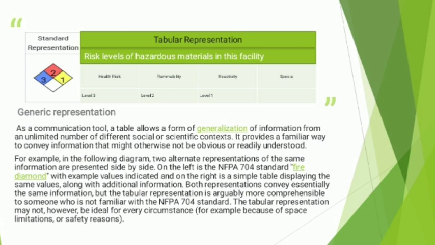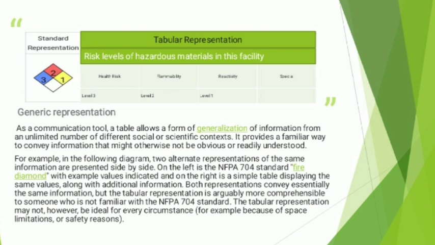Generic representation. As a communication tool, a table allows a form of generalization of information from an unlimited number of different social or scientific contexts.